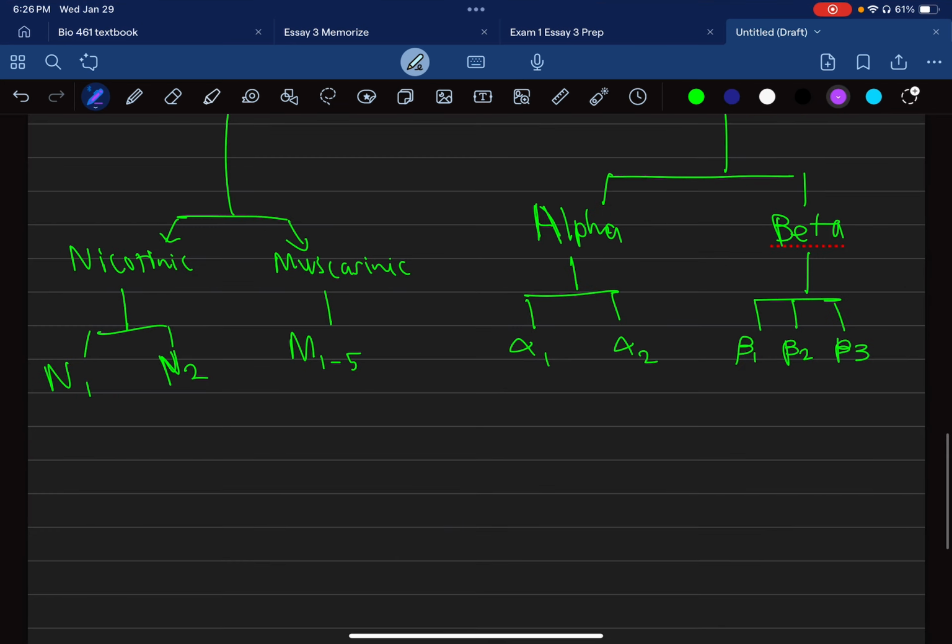So the nicotinic receptor is actually a ligand gated ion channel, which is different from muscarinic, alpha and beta, because these are all going to be G protein receptors.